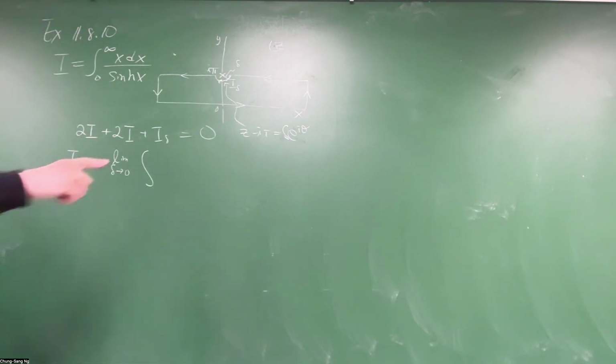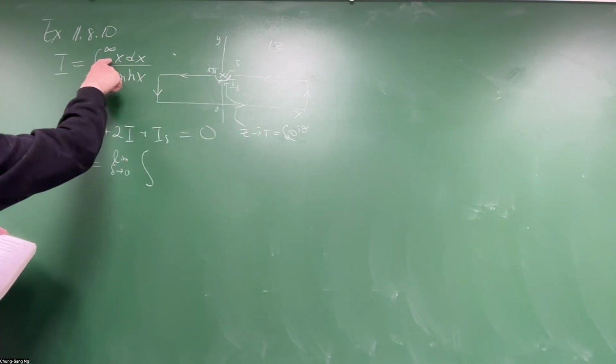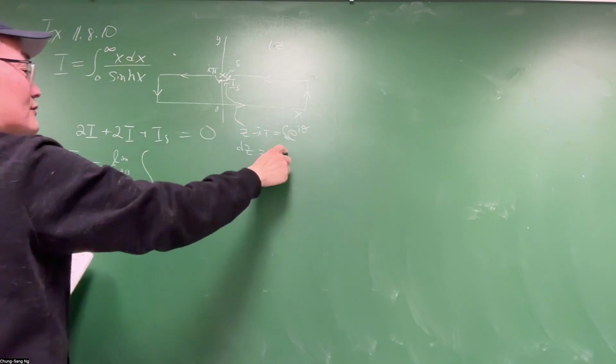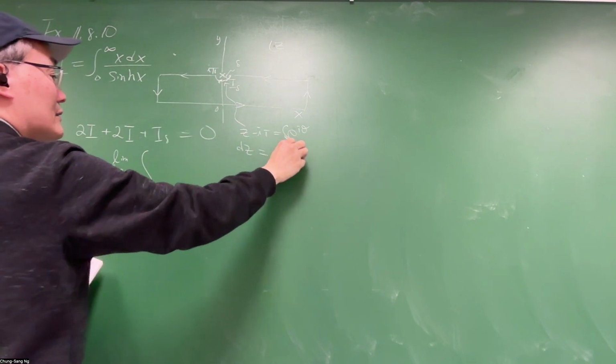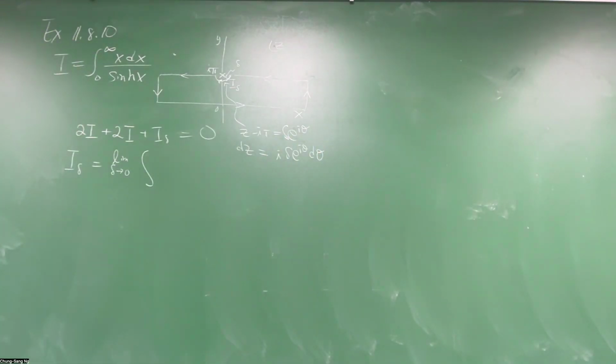That's how you describe this little circle. So dz will be, delta is fixed, so it's just i delta e to the i theta d theta.